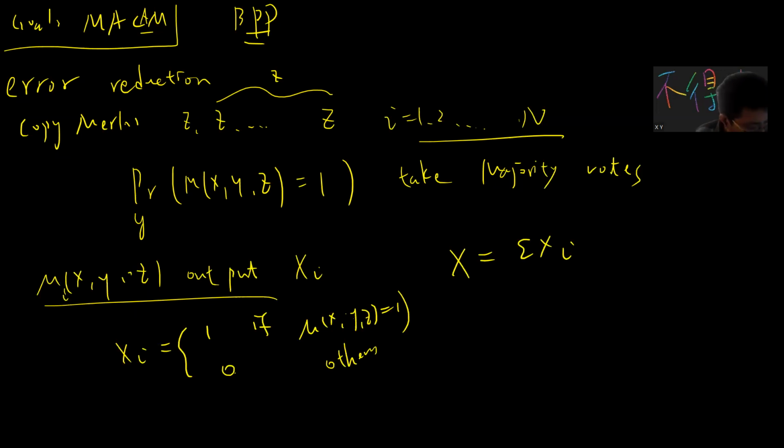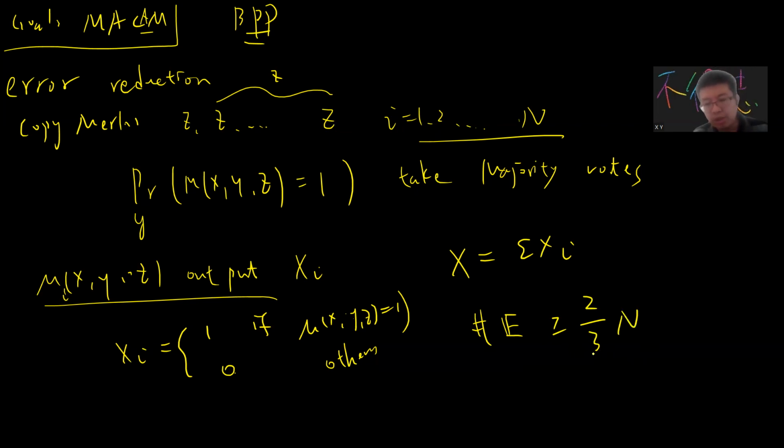Okay, so you can ask the following. This means the number of experiments such that M outputs 1, the expectation value of the number of successes in the experiments, should be greater than or equal to 2/3 times n.